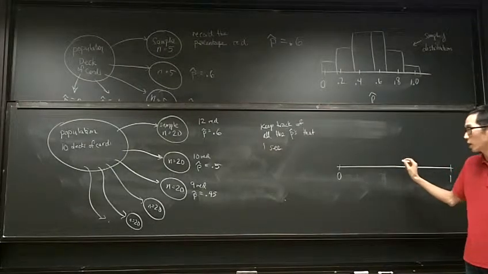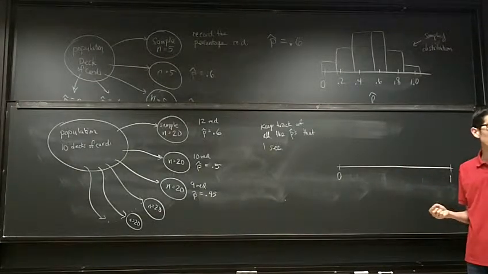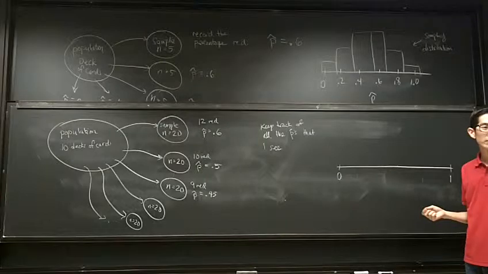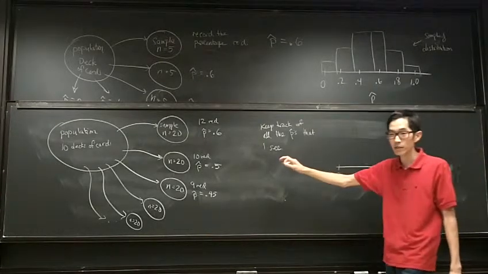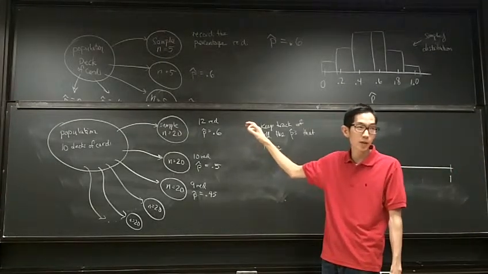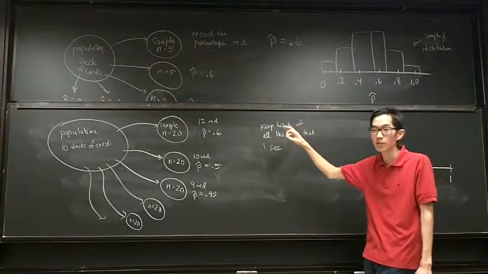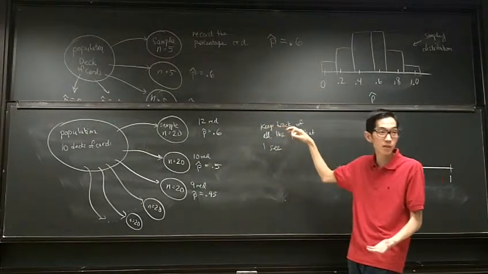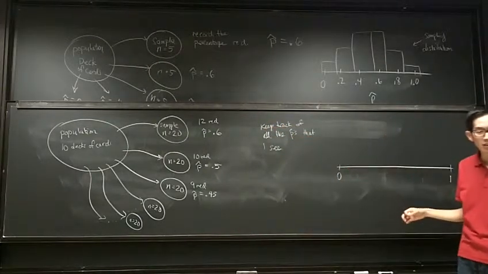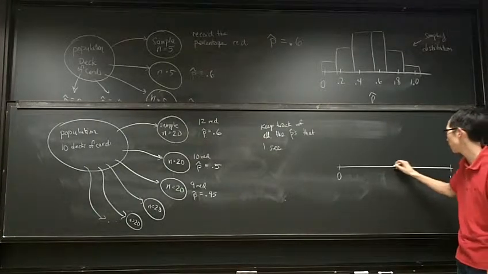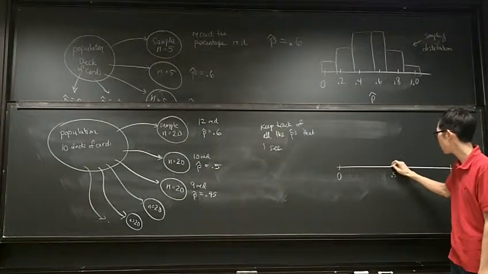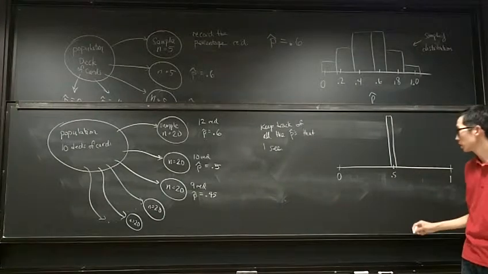Alright, what do you think the most common value p hat's going to take? 0.5. 0.5, okay? Not 10. We'll probably see 10 red cards out of 20 cards the most often, but that's not p hat 10. P hat is 0.5 in that case, okay? So 0.5 is probably going to be the most common value.